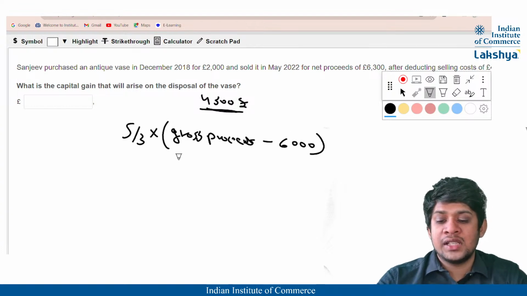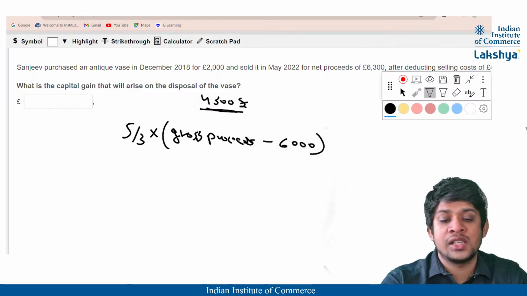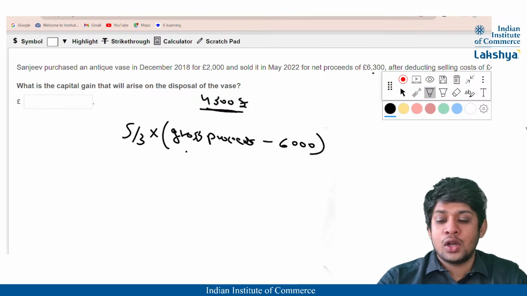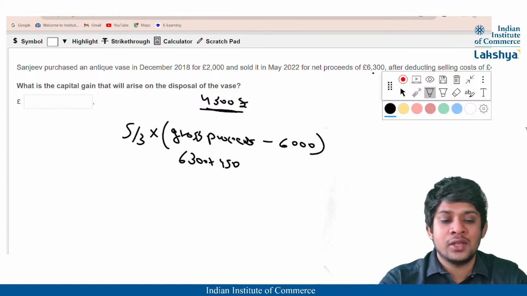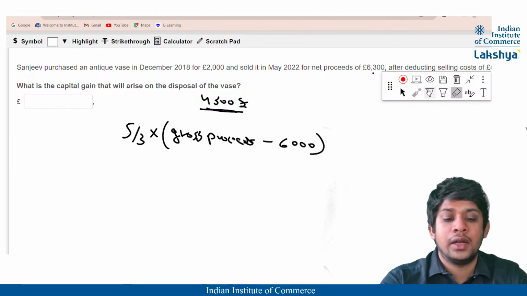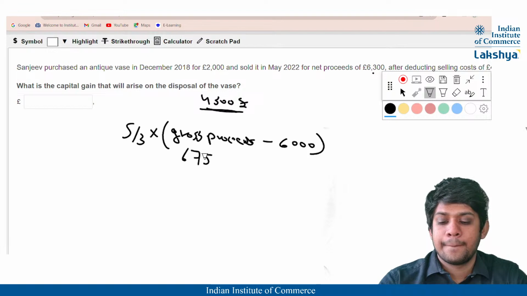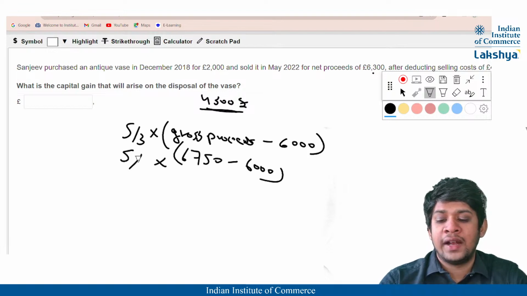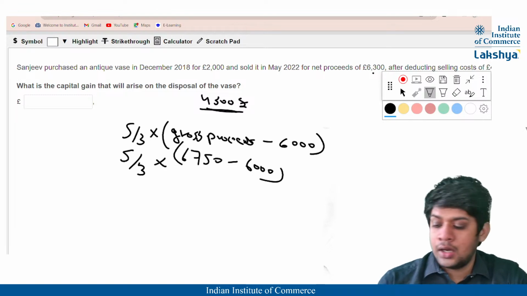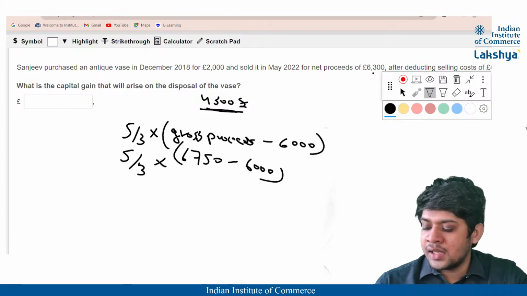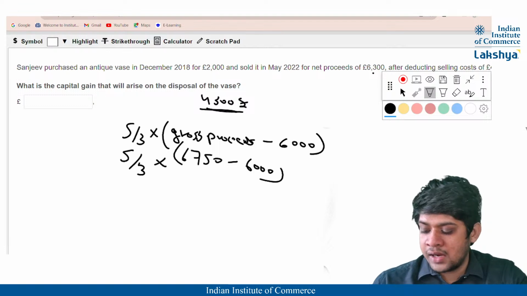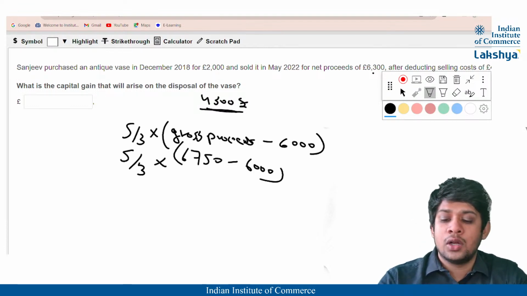Her net proceeds are 6,300, so we have to take the gross, which is 6,300 plus 450, that is 6,750, minus 6,000, into 5 divided by 3, which gives 1,250 pounds.